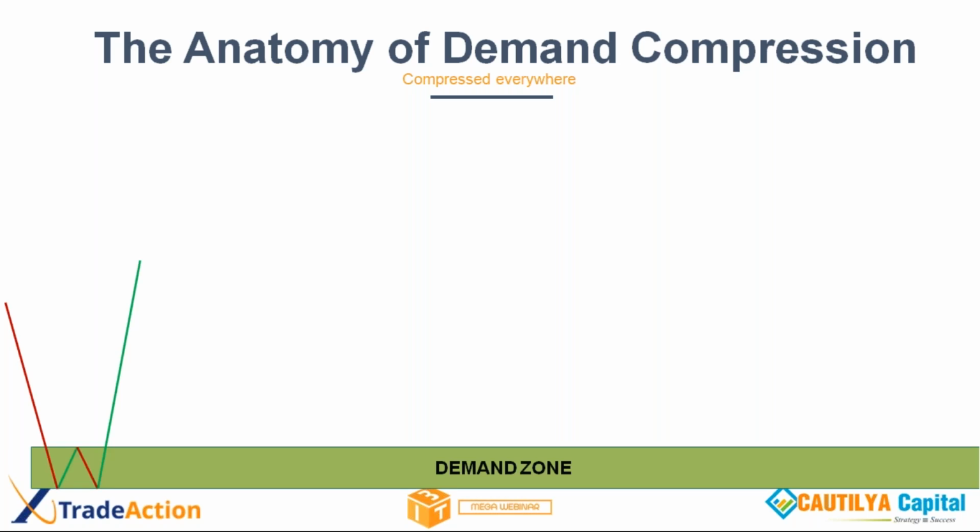As we all know, all drop base rallies are demand zones, and rally base drop and drop base drop are supply zones. We just know that they are zones, but we don't trade every demand and supply zone, right? We always look forward to trade power zones. That is very clear.